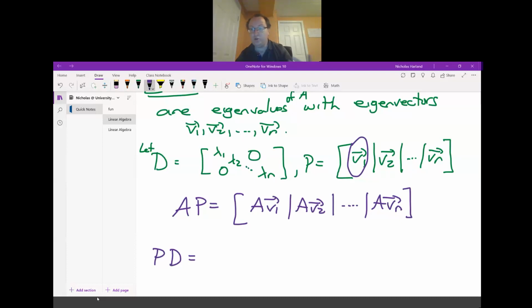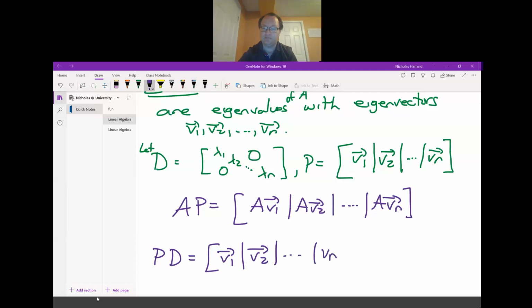So we can't usually take advantage of that, except to note that D is a diagonal matrix, which is why that's so important. Lambda 1, lambda 2, all the way up to lambda n. Everything else is zeros.